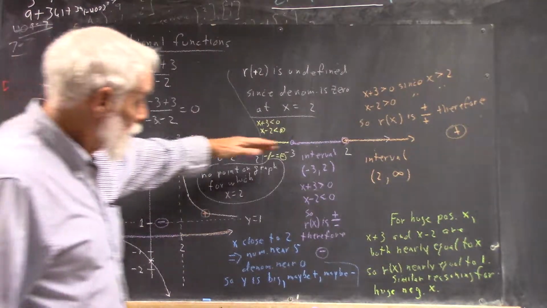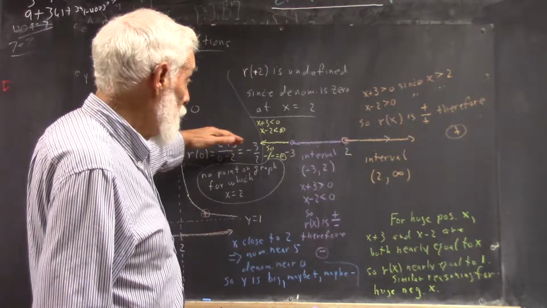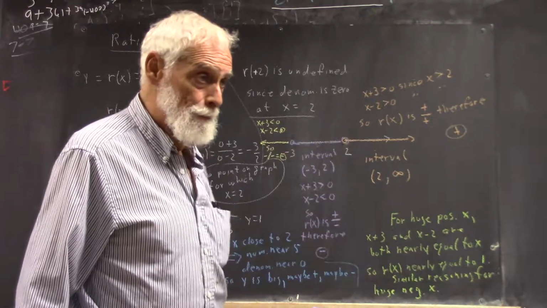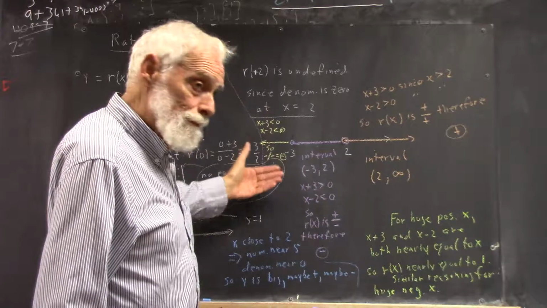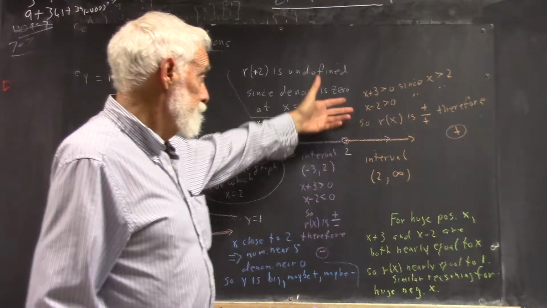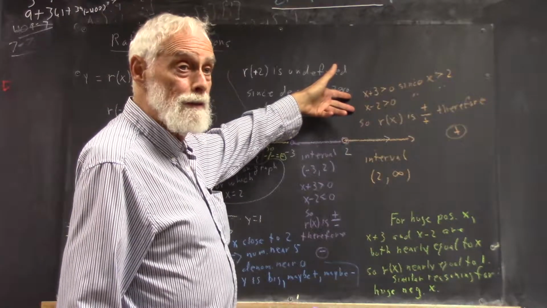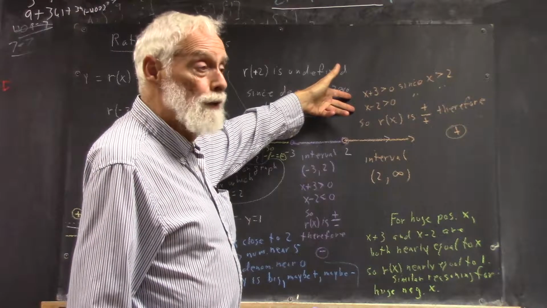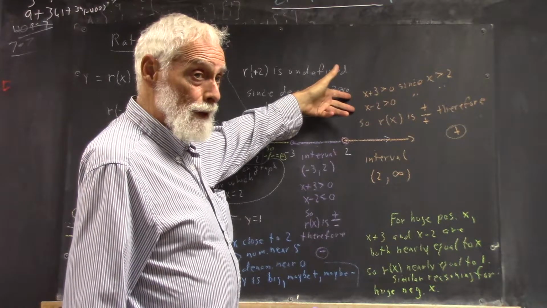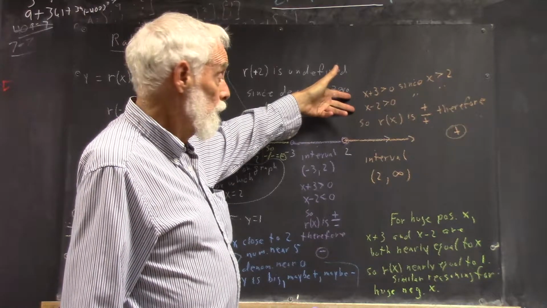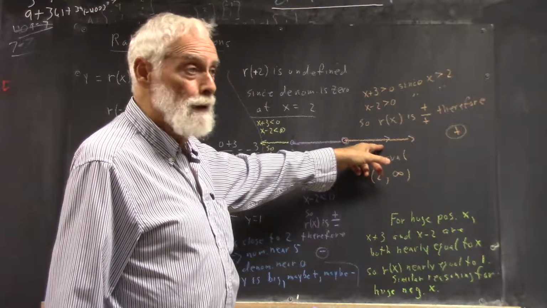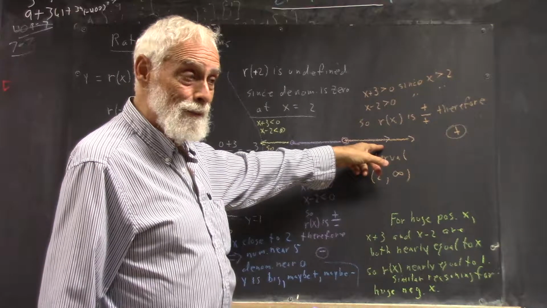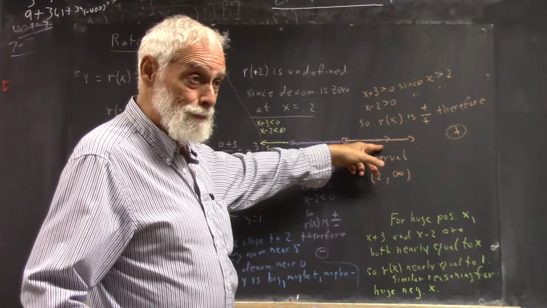Then we figure out whether the function is positive or negative on each interval. Now I did it by just reasoning out what the sign of each quantity is. You can also do it, and this is what is usually taught, is you just pick any number in the interval and plug it in and see whether you get a positive or negative.